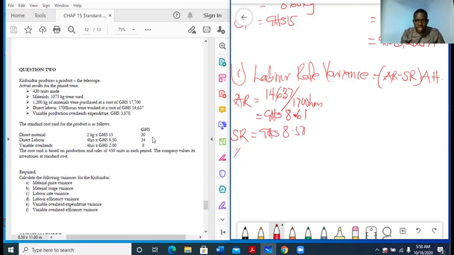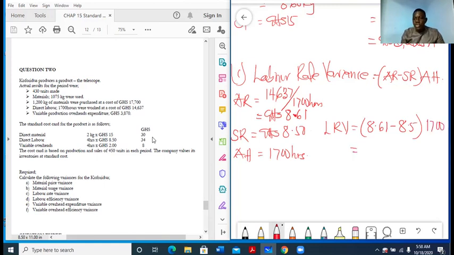Then we know our actual hours are 1,700 hours. So our labor rate variance will be AR, which is 8.61, minus SR, which is 8.5, times AH, the actual hours of 1,700.